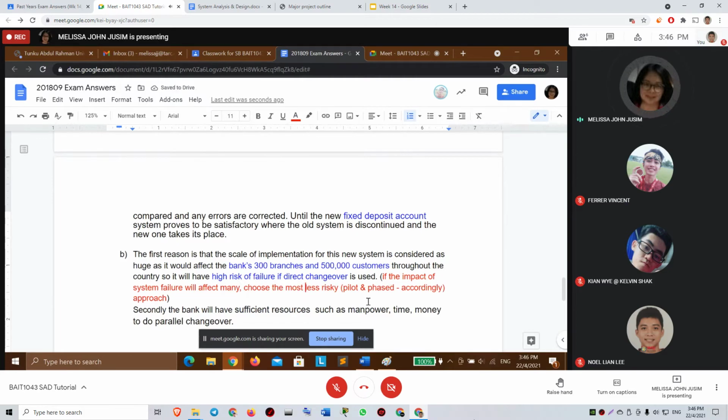Most less risky. So in this case, this is the most less risky. Since we are comparing between direct changeover and parallel, we select parallel, not pilot and phased in this case, just to let you know.